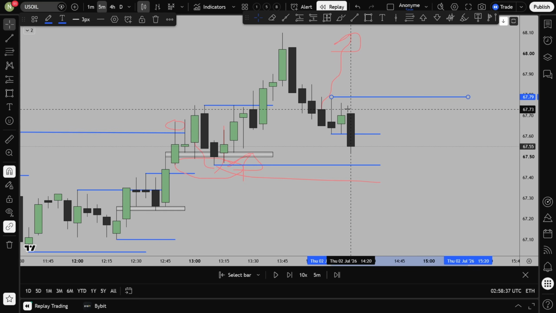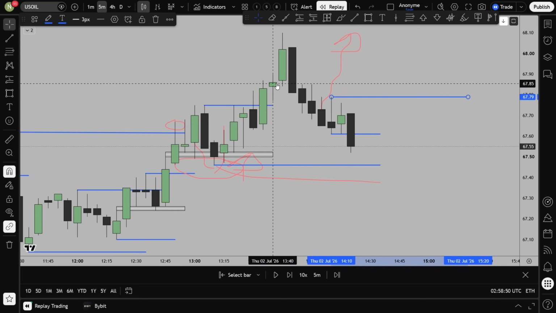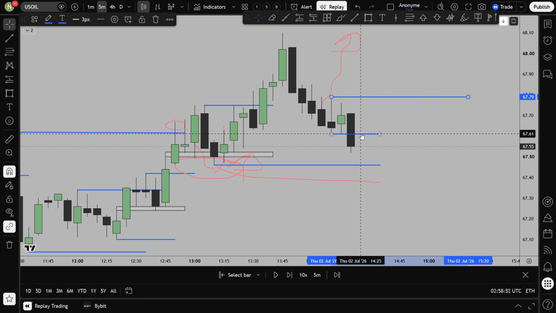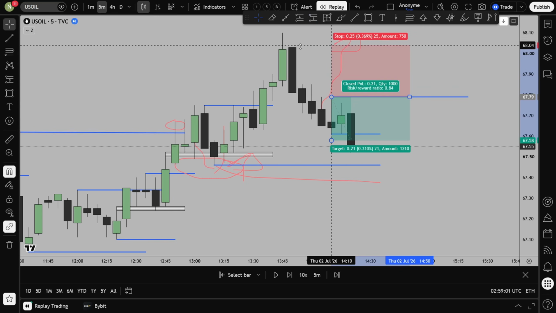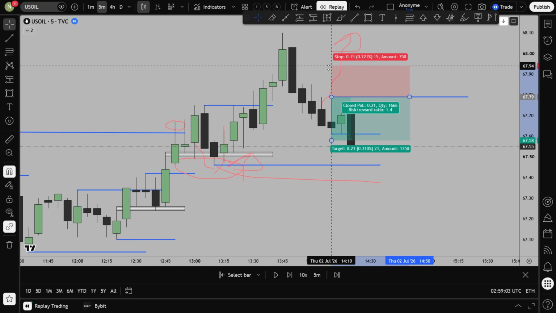Here in this case, we don't have anything happening between them. Also, this low is very close to our break. And thirdly, we don't have any fair value gaps in here. We don't have any pullbacks. So this is a little bit riskier. But because it's riskier, we are going to enter here and have our stop loss somewhere higher on this side or this side.